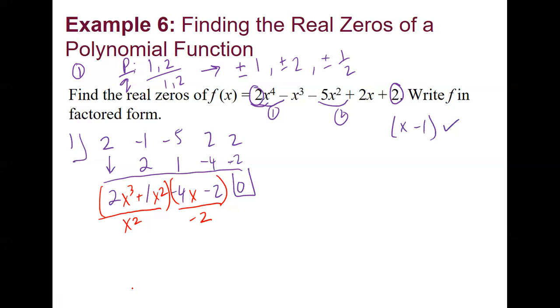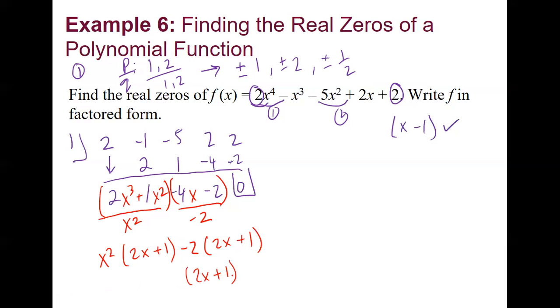You see that? So I factor out x squared and I'm left with 2x plus 1. I factor out negative 2, and I'm left with 2x plus 1. Now the GCF is 2x plus 1.